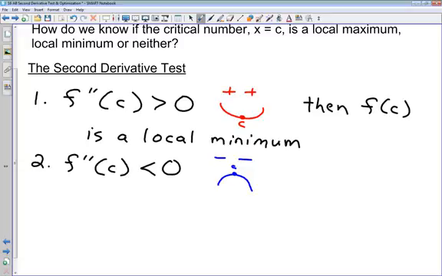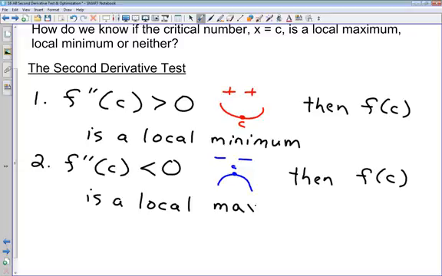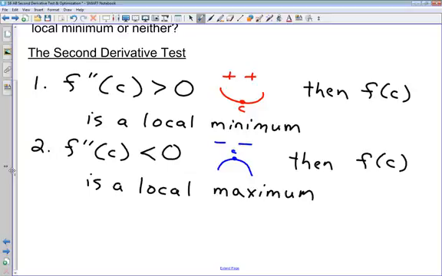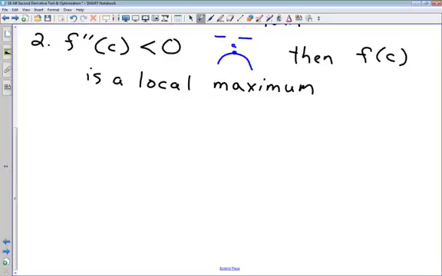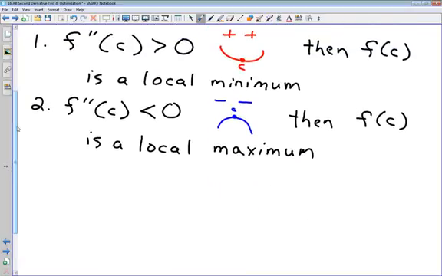So that means our point c must be a local maximum. So there's our first two possibilities: second derivative is positive, second derivative is negative.